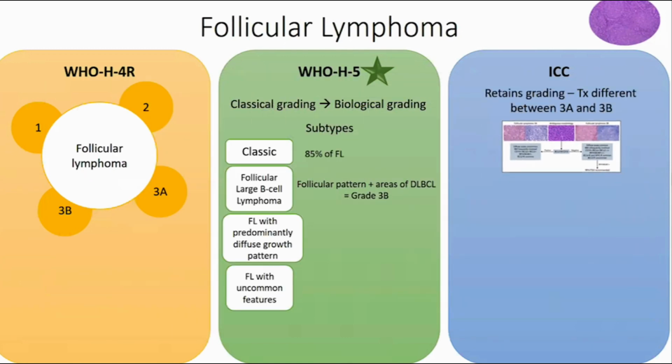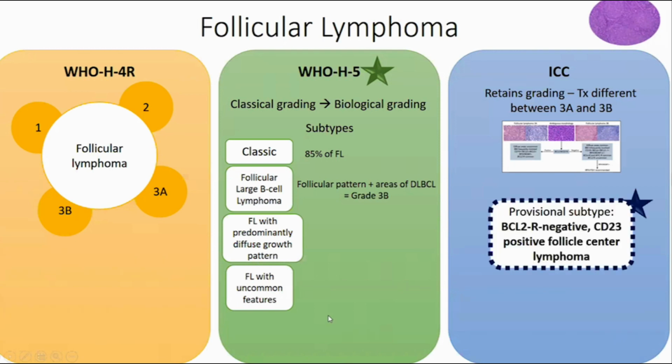All right. And then additionally, the WHO 5 has 2 more subclasses. This has actually changed a little bit from the review that they released in June. So in June, they called it follicular lymphoma with uncommon features, and had this follicular lymphoma with predominantly diffuse growth pattern kind of under this umbrella.